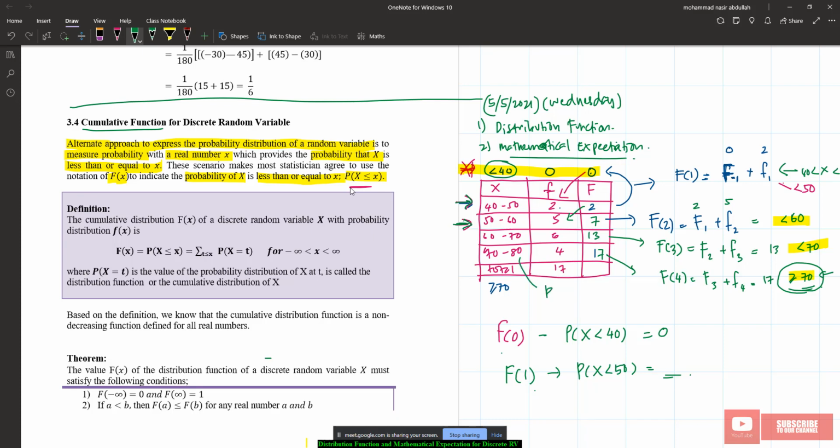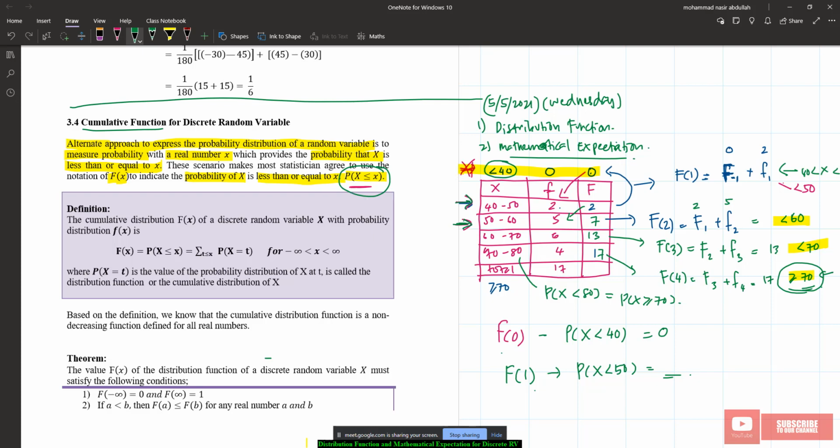Actually probability of X less than 80. Ataupun kita boleh kata probability of X more than or equal to 70, between 70 to 80. Right? So benda yang sama. So means that setiap cumulative frequency, we are expressing the cumulative frequency in terms of probability of X less than or equal to x.